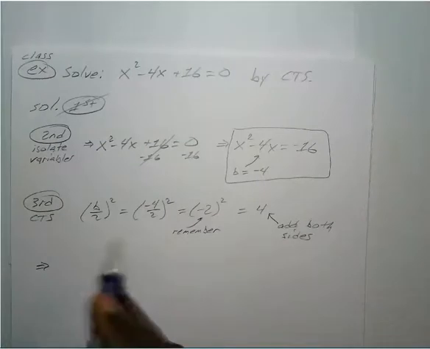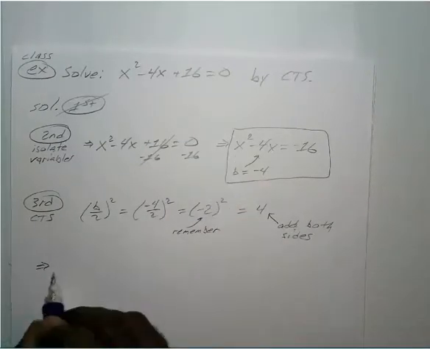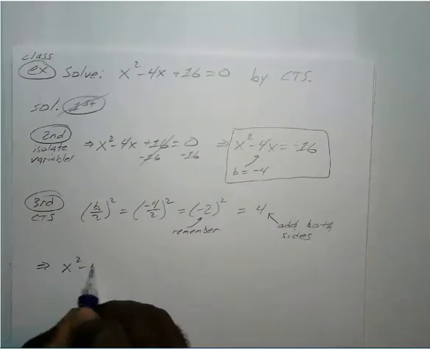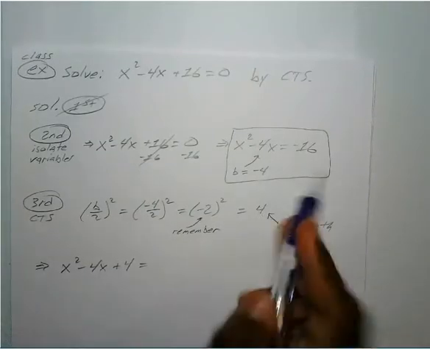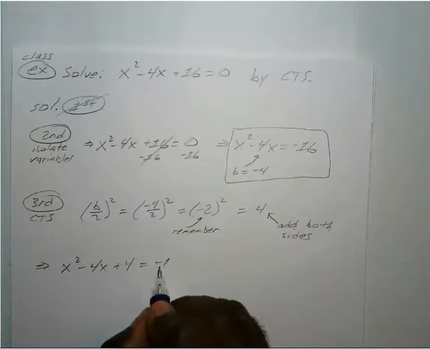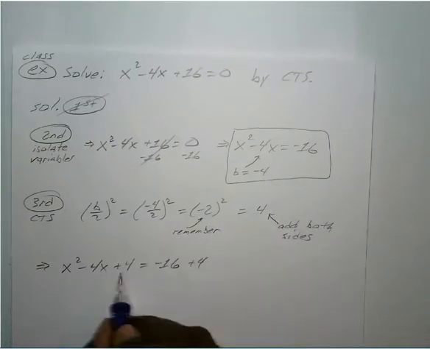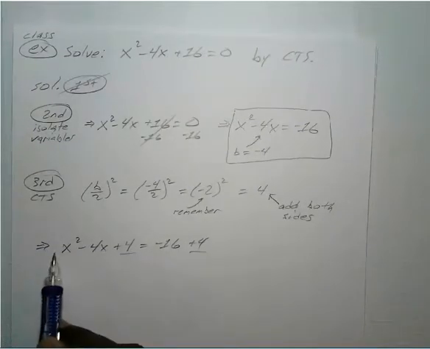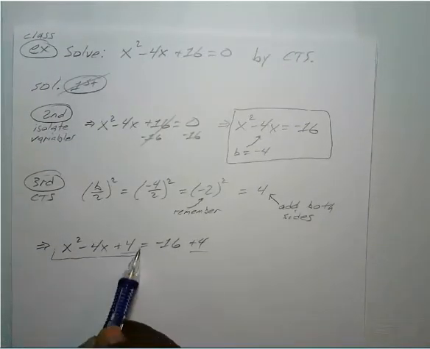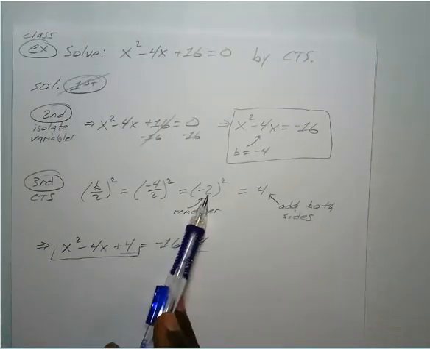Alright. So we have x squared minus 4x plus 4 equals negative 16 plus 4. So again, we just added it to both sides. Okay, and if you did everything correctly, that's a negative 2 here.